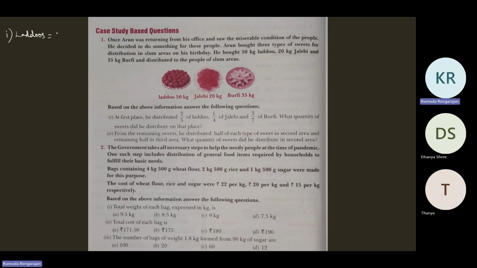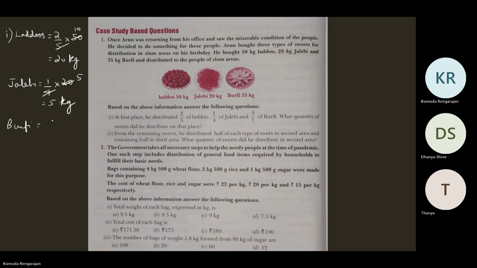So 2/5 of 50 kgs, so 20 kgs. Then Jalebi, 1 by 4 into 20. Correct. 5 kgs. Barfi, 3 by 7 into 35. 15 kgs.